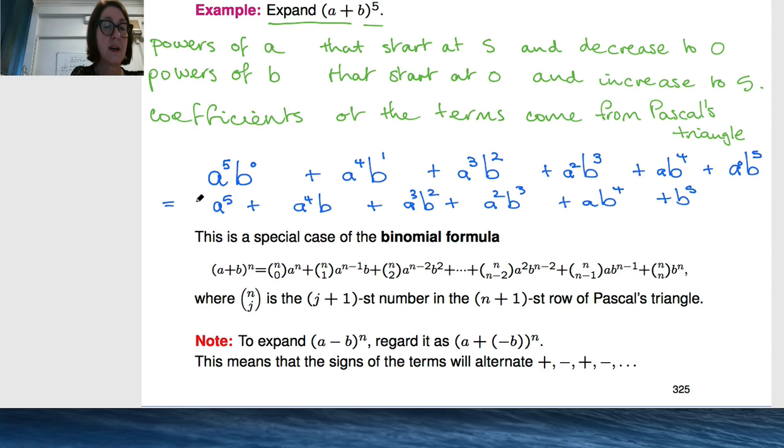Let me write that a bit clearer so you can see it. Okay, so that's the expansion and how you use Pascal's triangle. You can see that the powers of a are decreasing, the powers of b are increasing, and the coefficients are from Pascal's triangle.